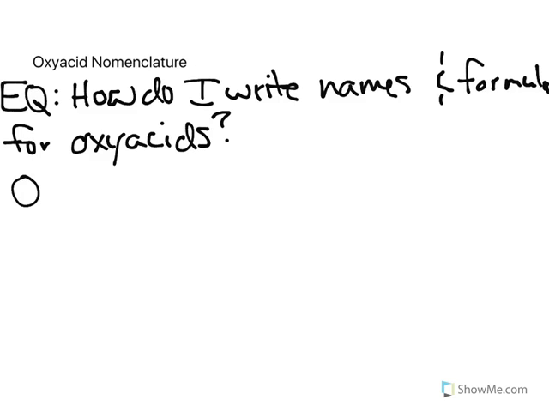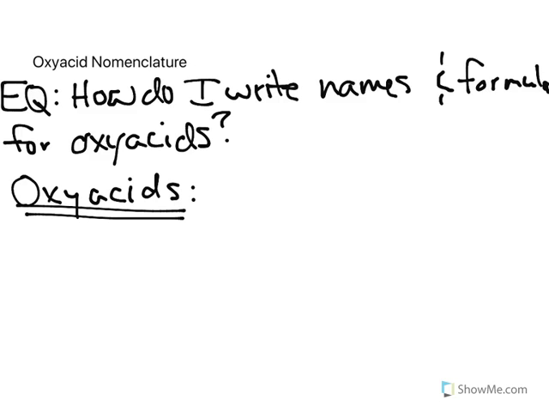Okay, so let's start with the word oxyacids. If you think about it, we should know exactly what that is. We defined acids yesterday: something that starts with hydrogen. Oxy is the shortened version of oxygen. These are acids that contain oxygen.